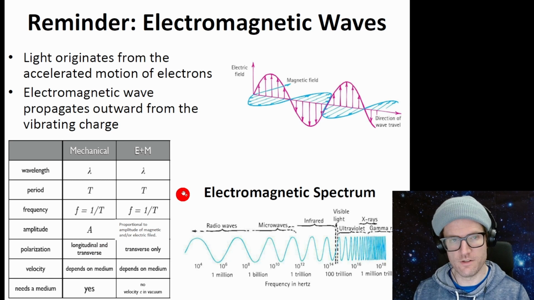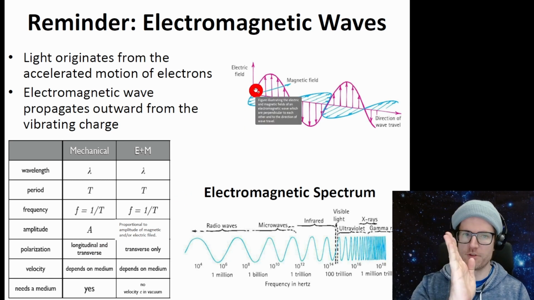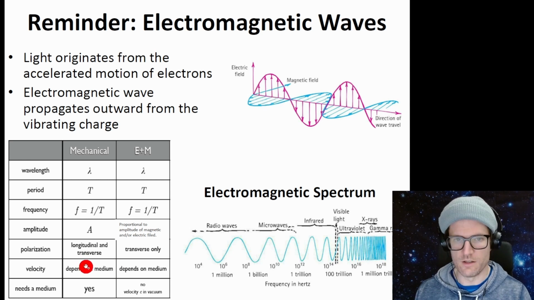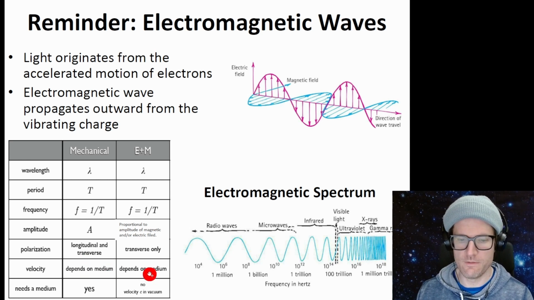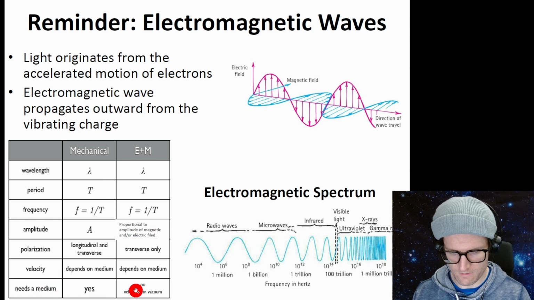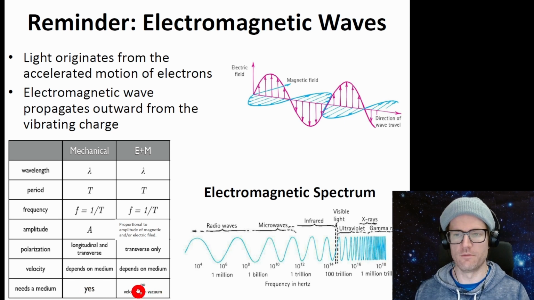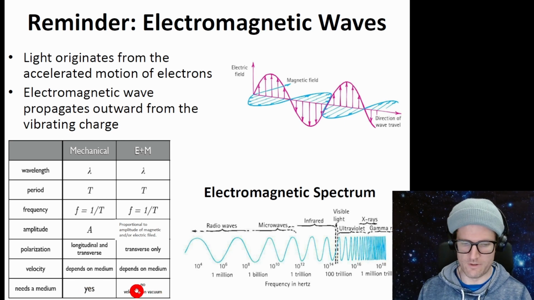There's polarization, so we can orient the electric and magnetic fields in certain directions using a polarizer. The velocity depends on the medium. This is mechanical versus E&M: mechanical waves like sound need a medium, while E&M can propagate through a vacuum.